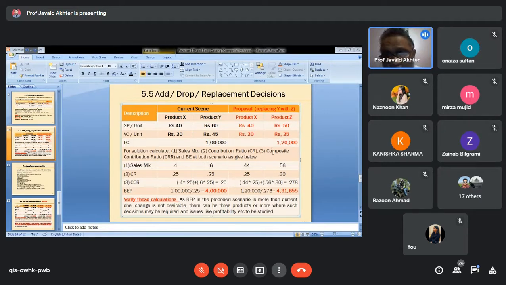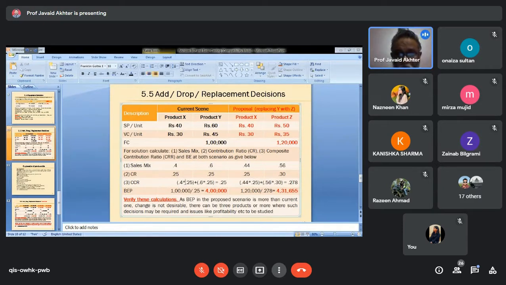What is the composite contribution ratio? Composite contribution ratio is equal to multiplication of these two plus multiplication of these two. That is, if you multiply sales mix of each product with its contribution ratio of the respective products and add the two, you get the composite contribution ratio.